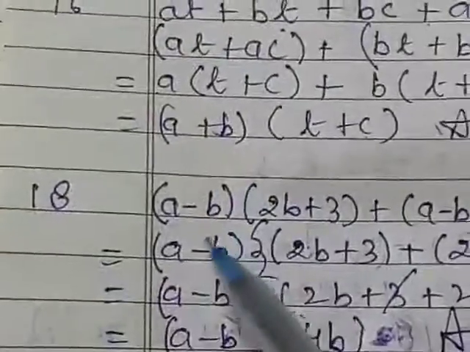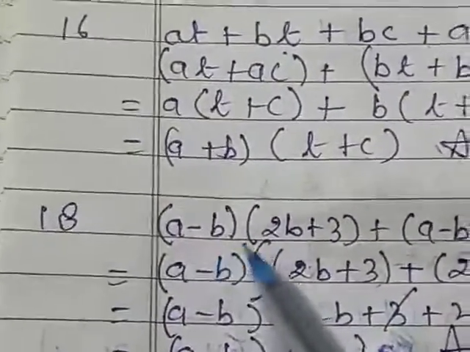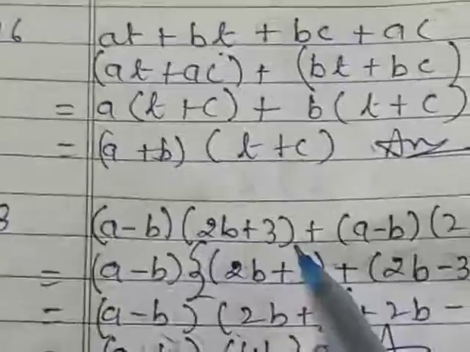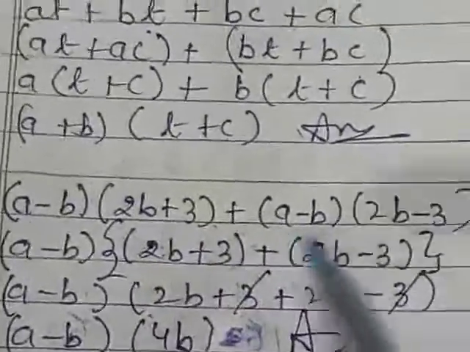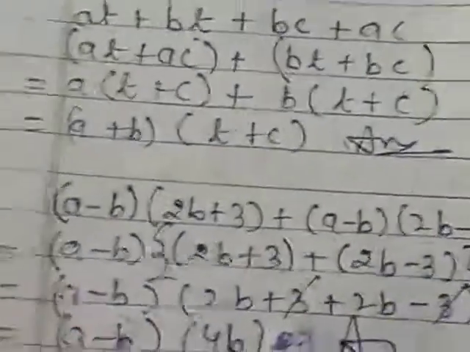Question number 18: a minus b into 2b plus 3 plus a minus b into 2b minus 3.